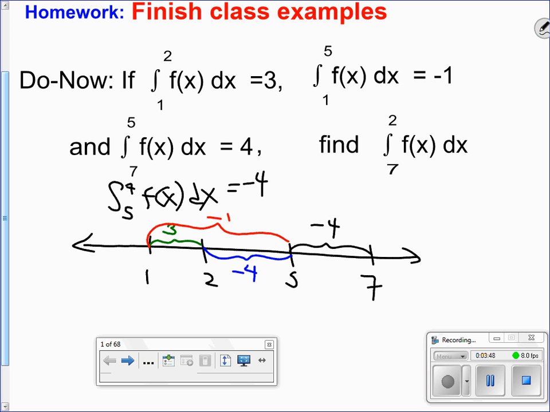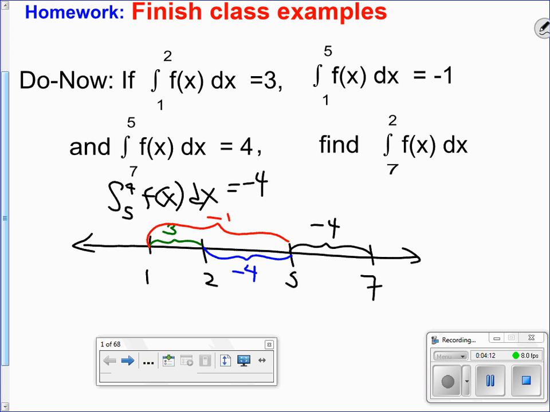So you have to ask yourself, 3 plus what will equal negative 1? Because remember when you break it up? Okay. Yes, exactly. So when you're given definite integrals, just make sure the lower limit of integration is less than the upper one. If not, switch them and negate the value.